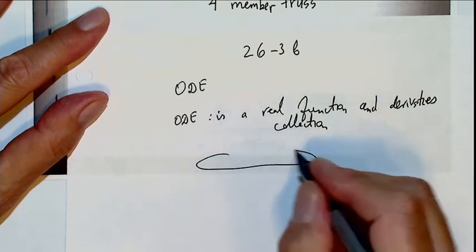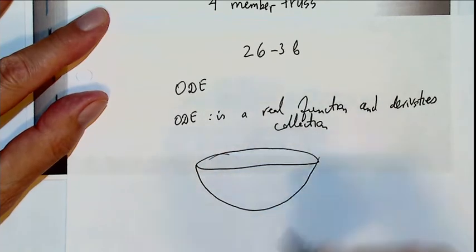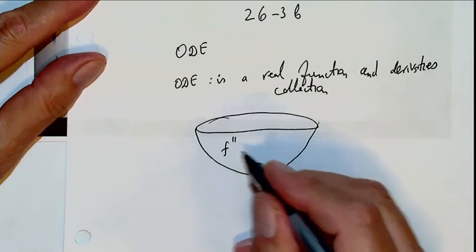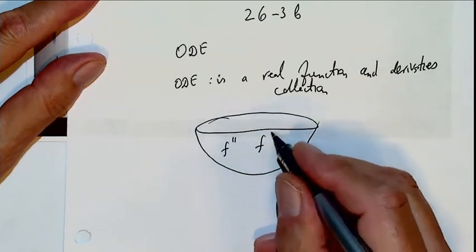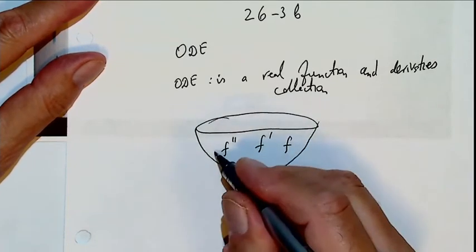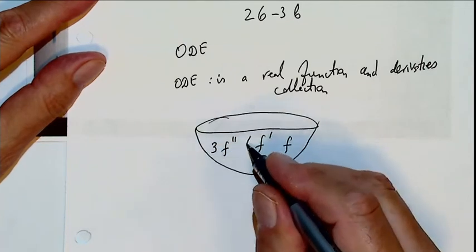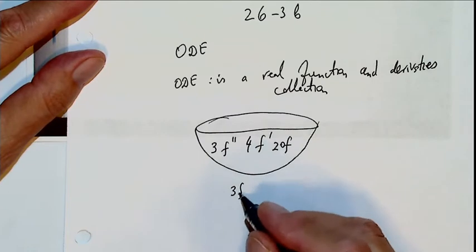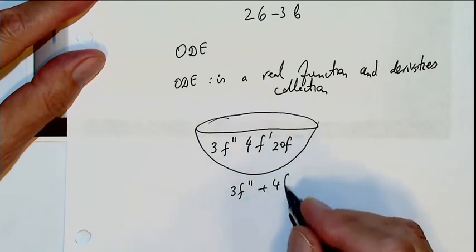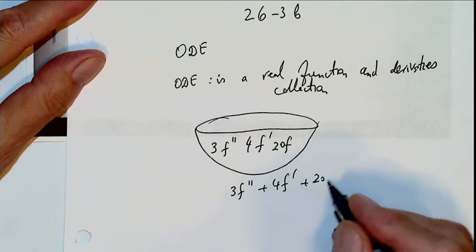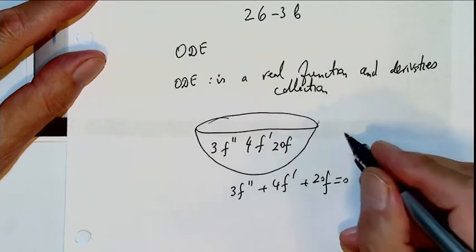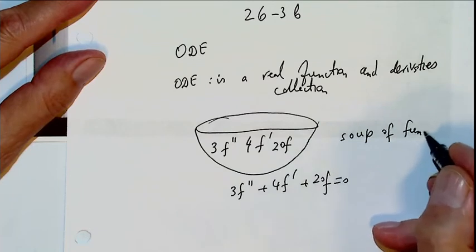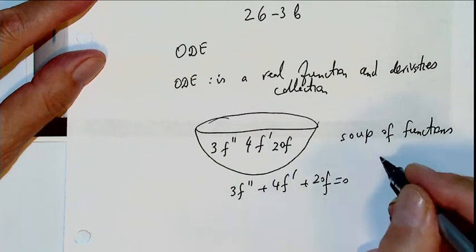For example, we have here f double prime, then f prime, then f. Let us say this 3 times, that is 4 times, that is 20 times. Then we have 3f double prime plus 4f prime plus 20f equals 0. So that is a soup of functions and derivatives.